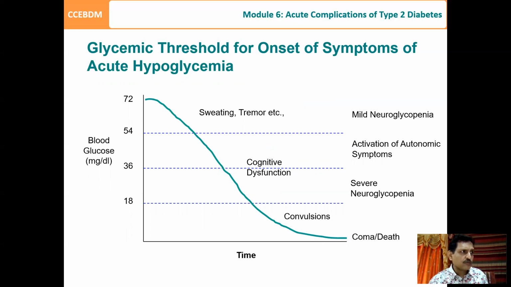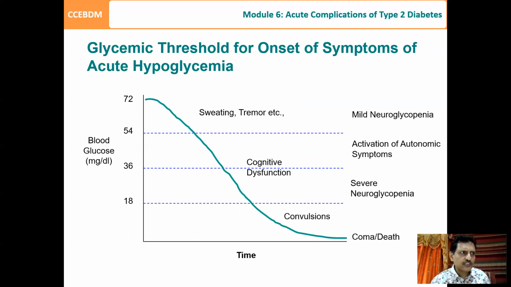Once the blood glucose level goes below 50 or 54, cognitive dysfunction starts, and when it goes below 18 or 20, it means there is severe neuroglycopenia, with seizure, convulsion, coma, which may land up in death. So the hypoglycemic symptoms actually depend on the level of blood glucose in most situations.